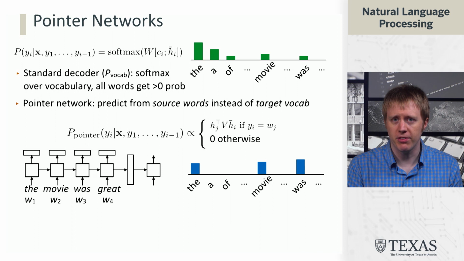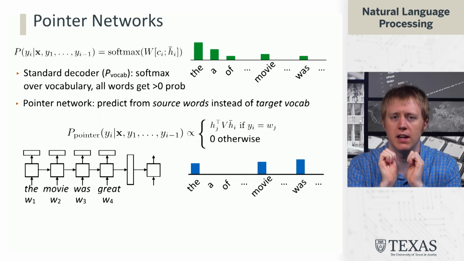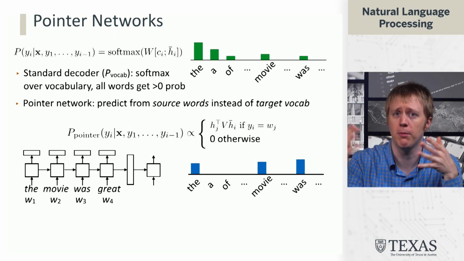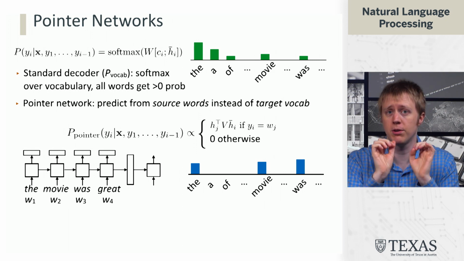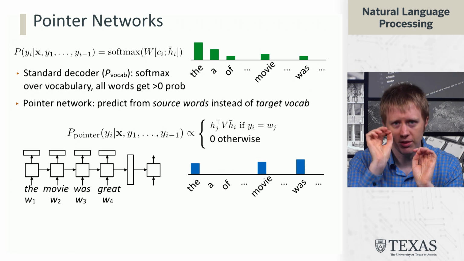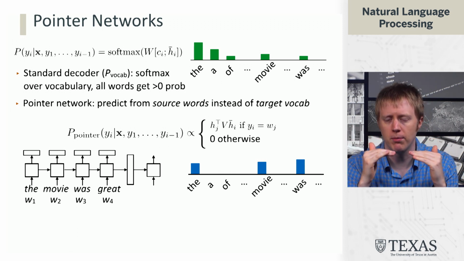So the way to think about this is that instead of taking the attention distribution and using it to map the encoder LSTM outputs down into a single vector, now we're taking that distribution, combining it with the words in the input, and using that to place a distribution over what we can generate here.